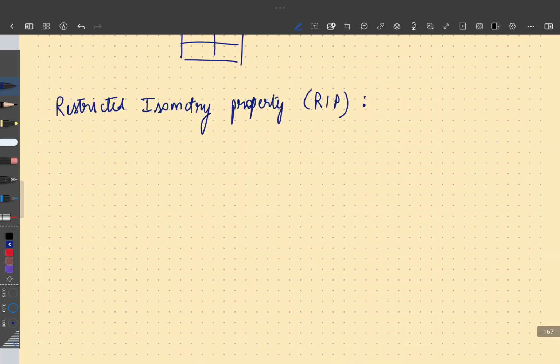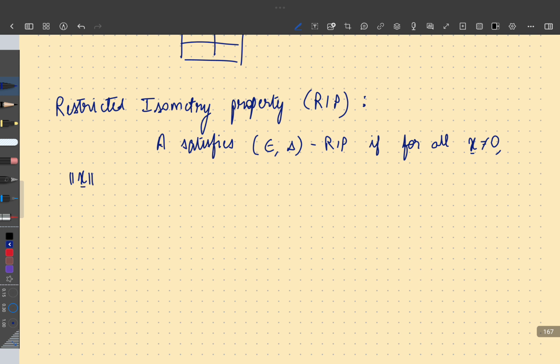So we'll say that the matrix A satisfies (epsilon, S)-RIP if for all non-zero x which is S sparse, that is the L0 norm is less than or equal to S, we have that the norm of A times x is epsilon close to the norm of x.